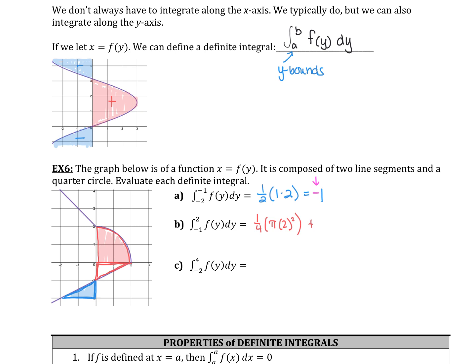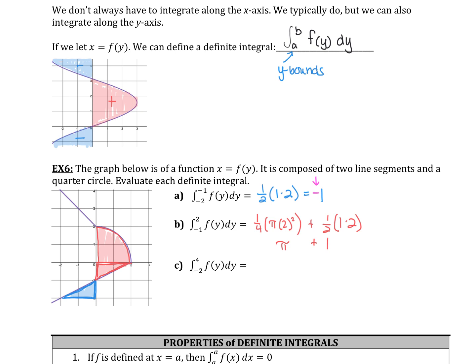And this triangle, like the last triangle that we did, has an area that is 1/2 the base times the height. So 1 times 2. And this area happens to be on the right side of that y-axis, and therefore will be positive. So we know this gives me 1. And over here I've got 4 pi divided by 4, so I've just got pi. So my net signed area under that curve would be 1 plus pi.